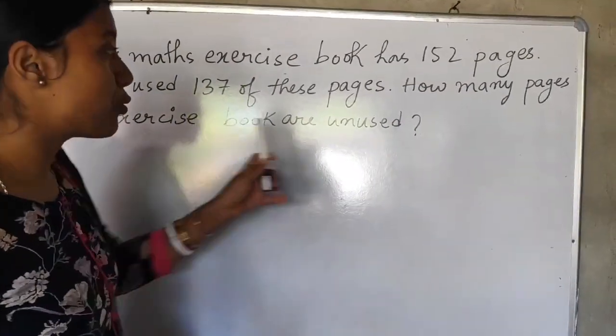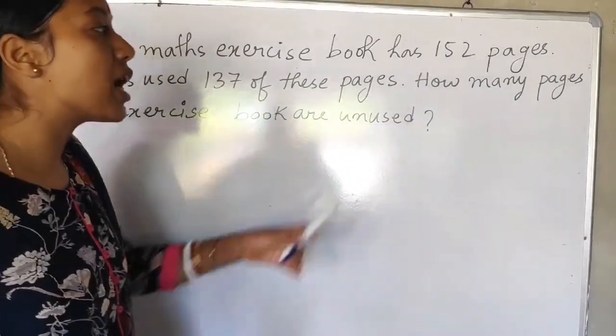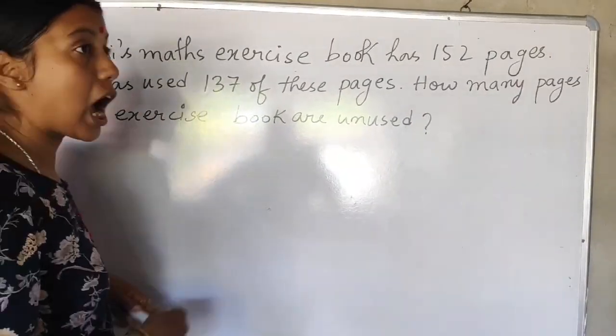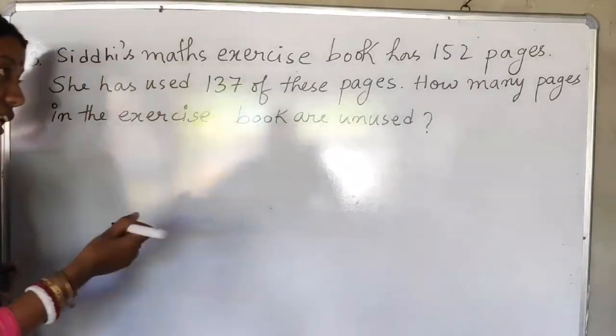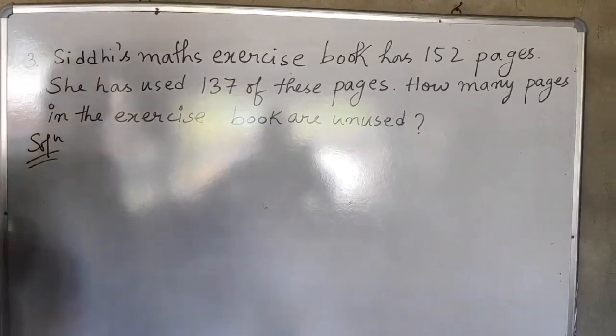So you have to find out how many pages in the exercise book are unused. Okay, after using 137 pages, how many pages are still unused? We have to find out this one. So what are the statements we can write?